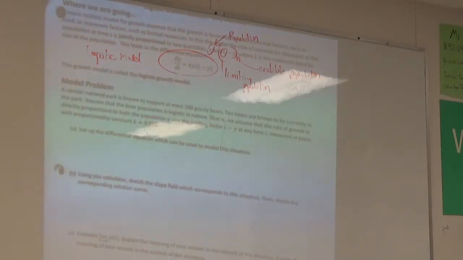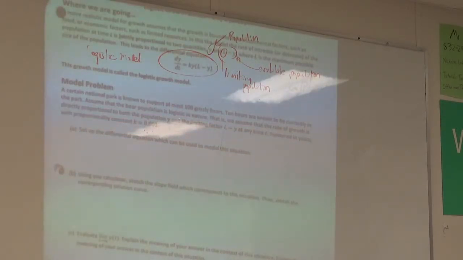Your current population, which we're going to call y, and the available population. How much more could I support? 100 minus y. L minus y.